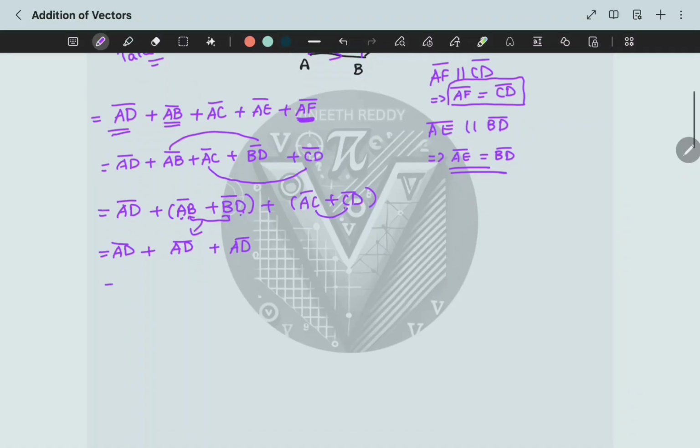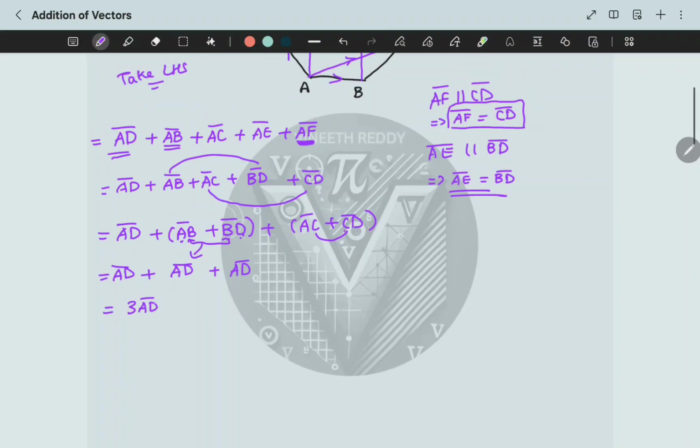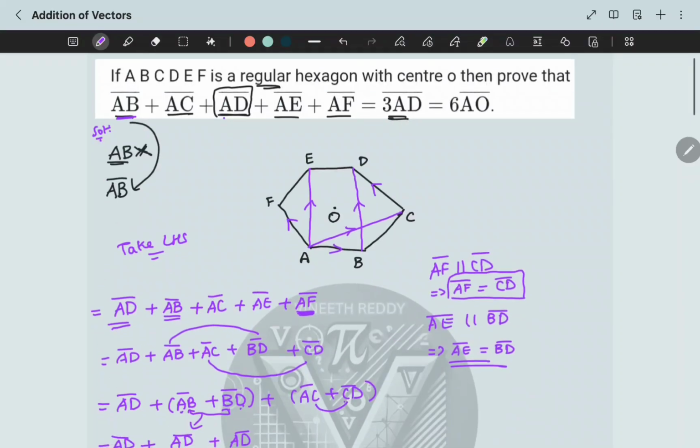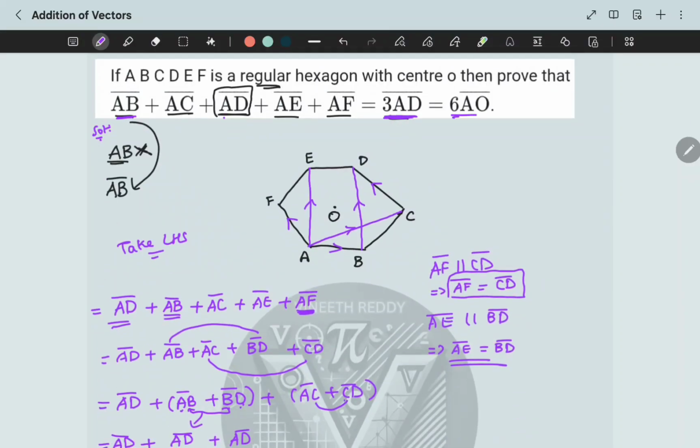This is a very, very simple question. Please practice this. So we have AD vector plus AD vector plus AD vector is 3 AD vector. I'm once again reminding you, dear students, we need to keep the direction here, right? Now we also should prove that 3 AD vector is 6 times AO vector. See, AD vector is this. Now from the diagram, can we say AD vector is 2 times AO vector?